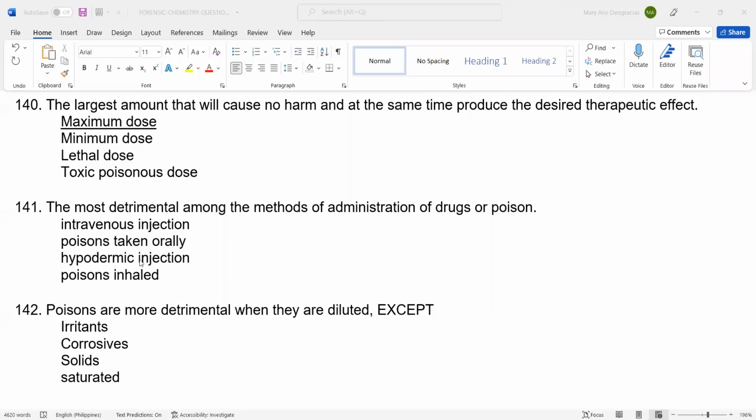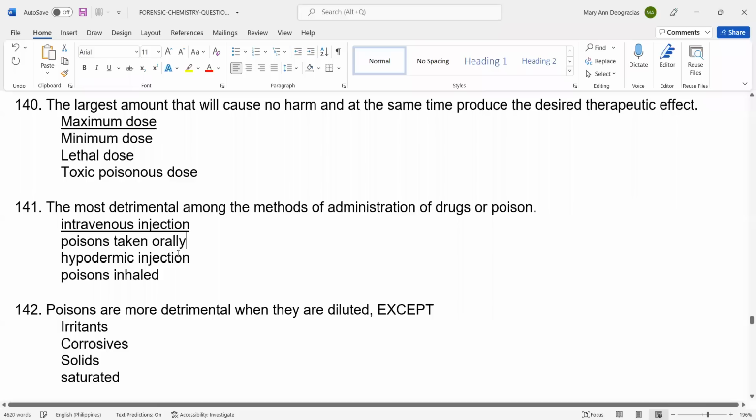So, kung ang nakita nyo guys ay may inhale saka intravenous, no? Ang mas pinakadelikado sa lahat is intravenous. Why? Intravenous is injecting through the veins. So, diretso sa blood yan. Pero kung wala kayong intravenous, tapos ang meron is poisons that are inhaled, So, pinakatamang sagot is intravenous injection. Next lang si inhaled poison.